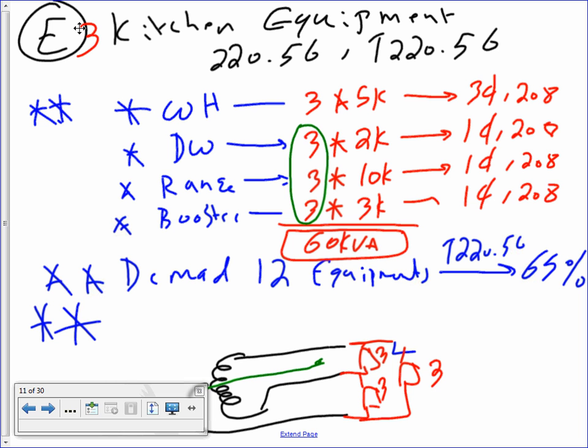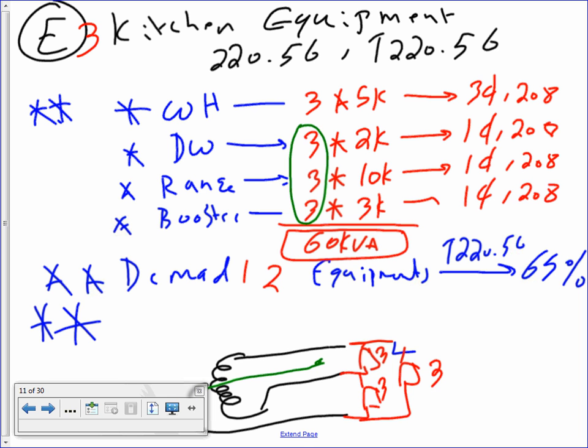Then it says demand. You need to apply demand for this step. The equipment from 220.56, the demand for 12 equipments, these are 12 equipments here. There's 12 equipments, right? 1, 2, 3, 4 times 3, 12 equipments.